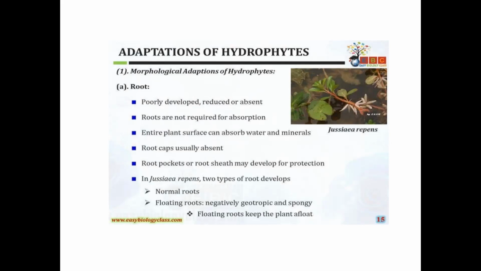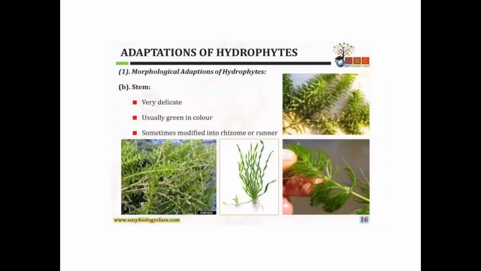The root caps are also absent, and root pockets or root sheath may develop for protection. The floating roots help to keep the buoyancy, that is, to balance the plant.